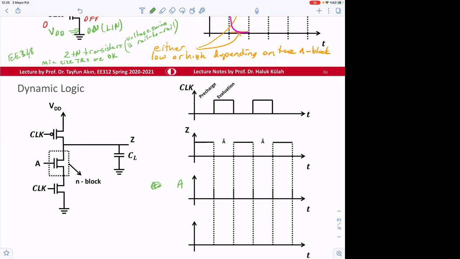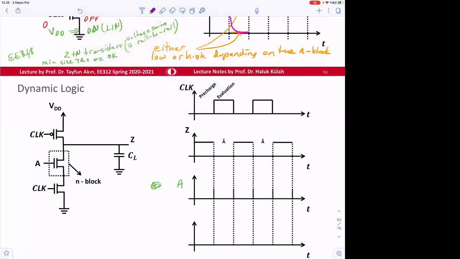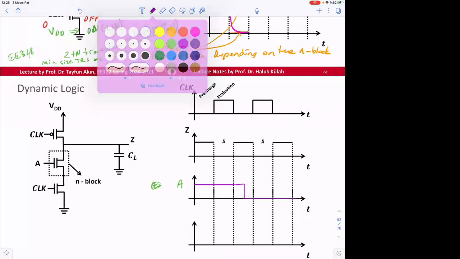And sometimes A is going to be high, sometimes it's going to be low. So if A remains high, what will happen? And then if A goes to low, what will happen? Okay. So if A is high, then A bar, which is Z, is going to be decreasing.